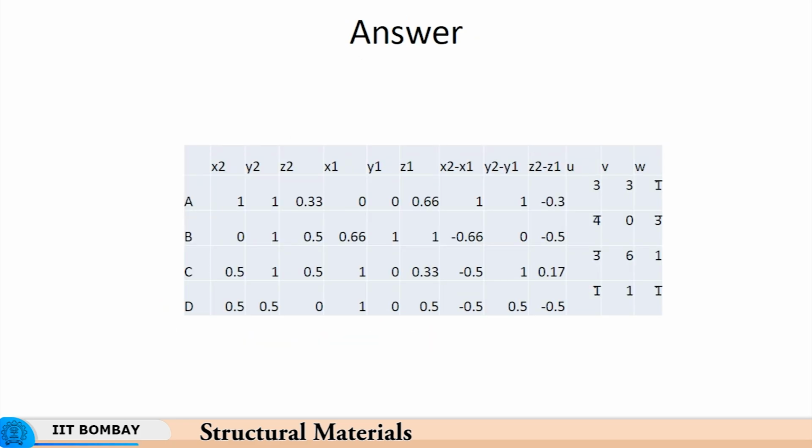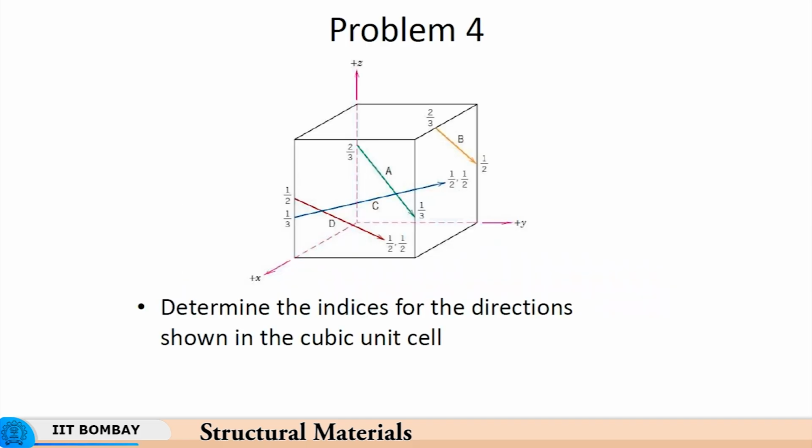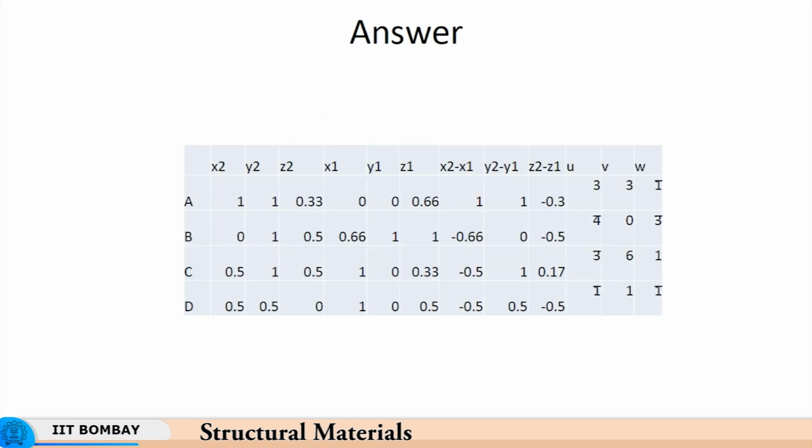Its tail is at 0.66. So, if you take the direction A, it has x1, y1, z1 of this. So, now you subtract the x coordinate of the tail from that of the head.